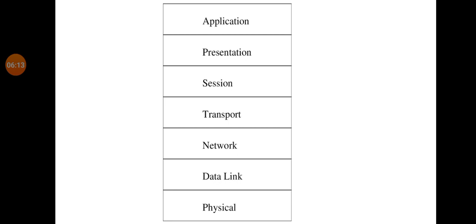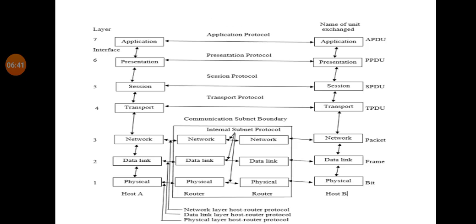In that frame it puts the actual data bits, and with those actual data bits it puts some extra bits as an error detection code. With the help of that error detection code, it detects and corrects the error. One more function is that these error detection bits are used by the data link layer on the other side, that is by host B, to detect and correct the errors.